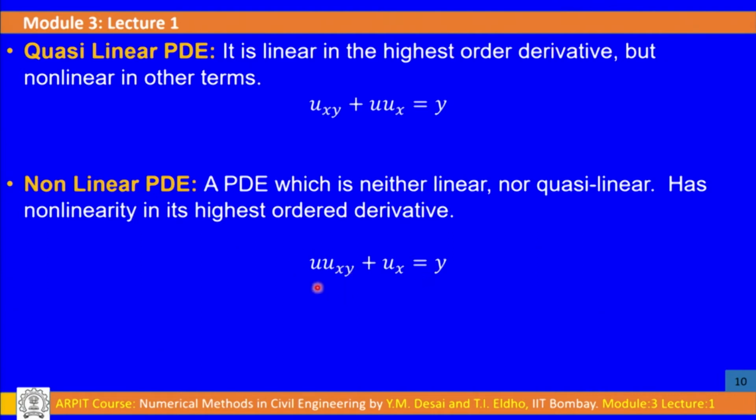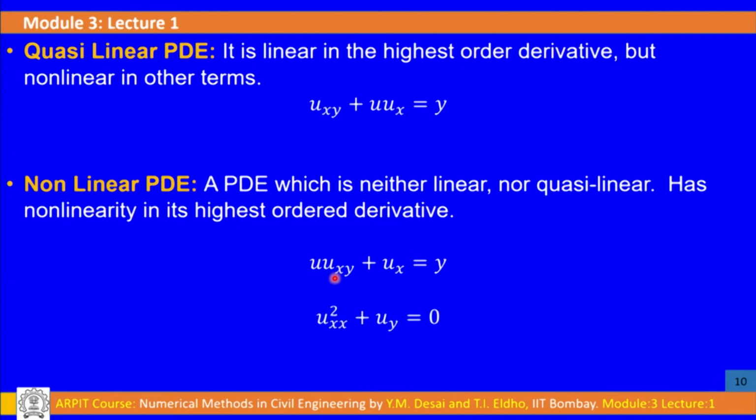So, now we have non-linearity in the highest order derivative term. That is where we have a product. So, either a product or powers of the highest order derivative, then we say we are working with a non-linear differential equation.